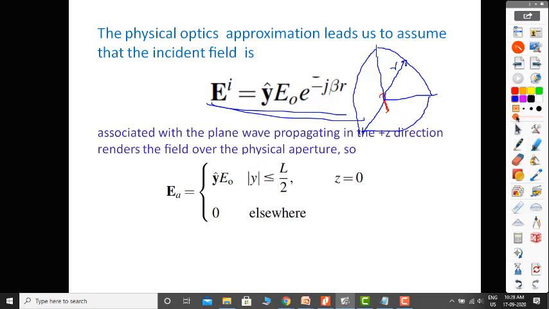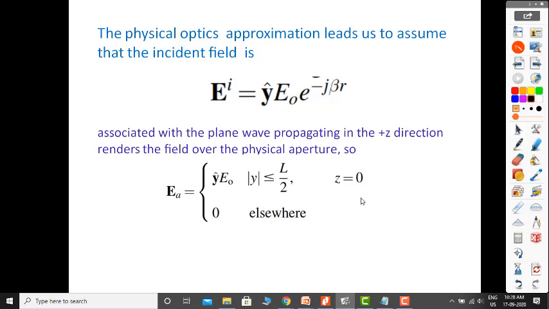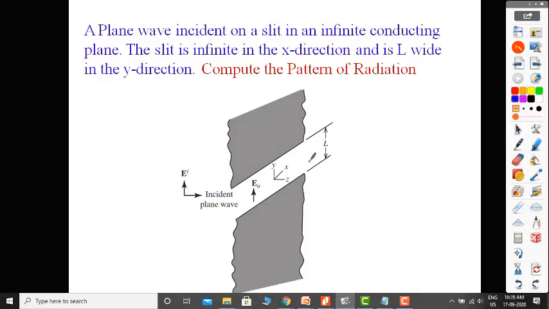So over the physical aperture, the field can be represented mathematically as follows. From minus L by 2 to plus L by 2, that is the lower and upper edge of the slit, the electric field amplitude is E0, that is a uniform electric field.